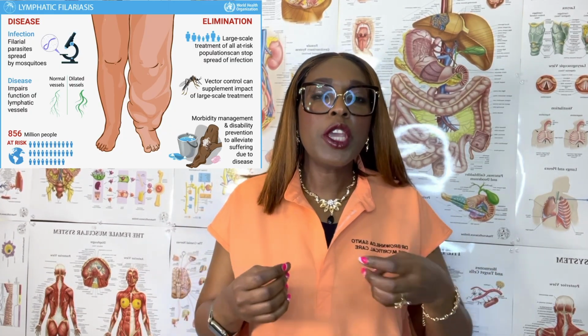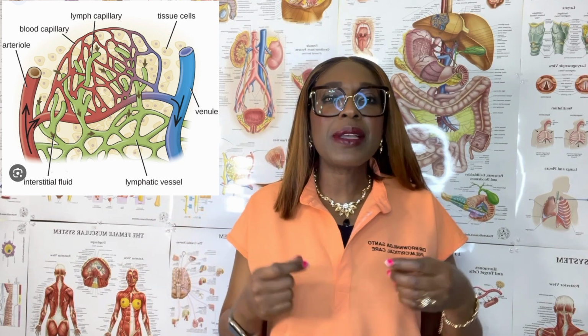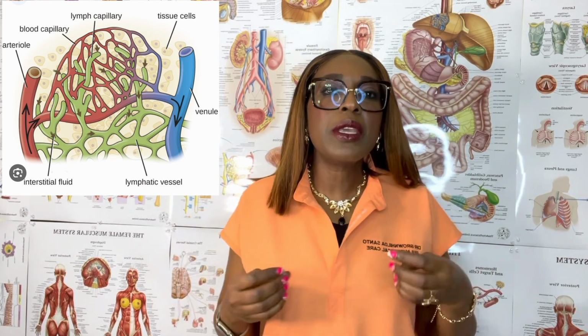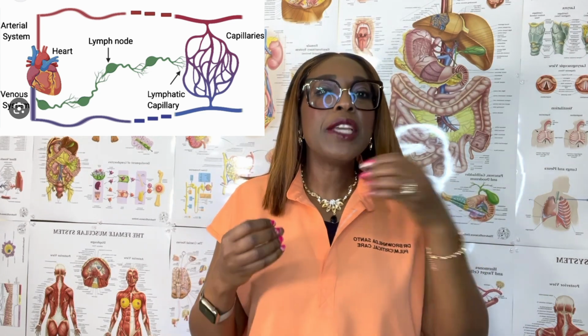Another condition is filariasis, a parasitic infection caused by a roundworm. This particular infection affects the lymphatic system. Remember we said the lymphatic system is important for draining the remaining fluid from the tissue back into the vein and then to the heart. So if you get filariasis and you do not treat it, those roundworms will stay in the lymphatic system and attack the lymph nodes, which are part of the lymphatic system.